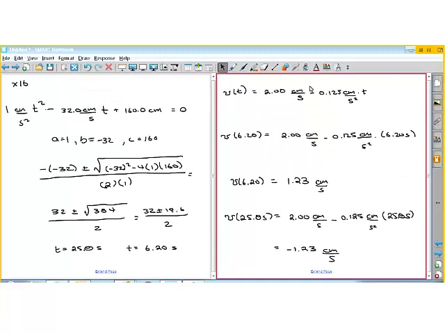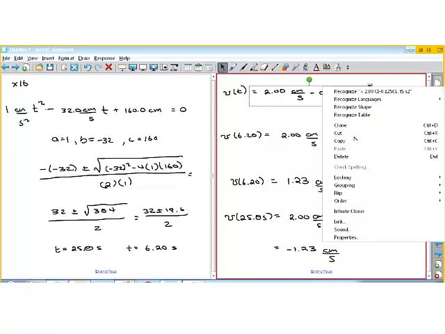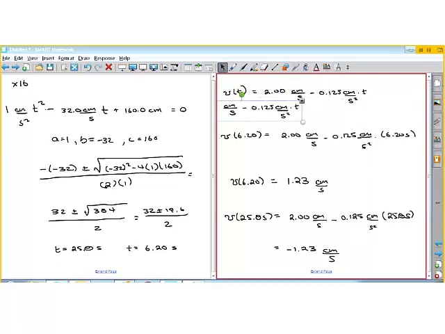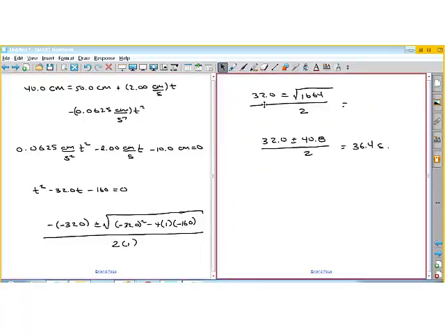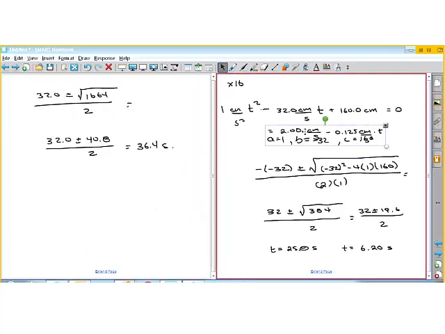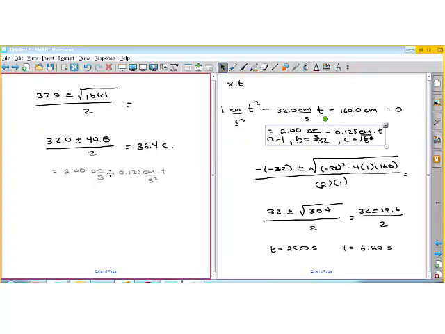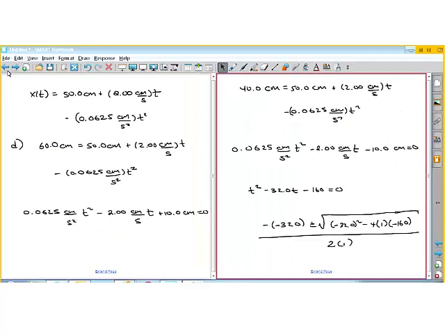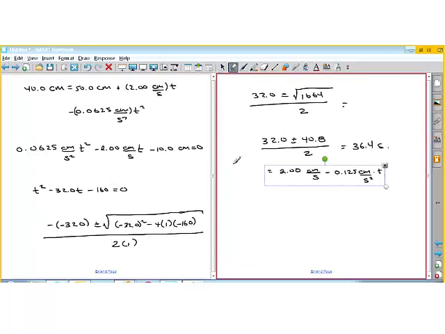We use the velocity equation, which we had somewhere here. There it is. So that is our velocity as a function of time. We stick in our new time, 36.4 seconds.